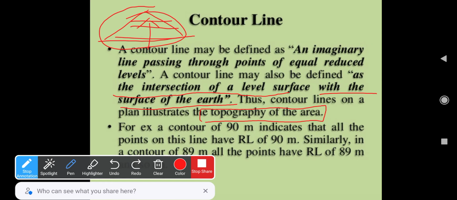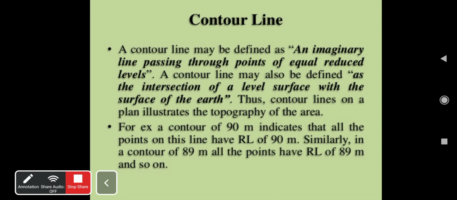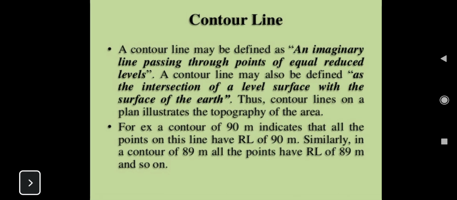For example, a contour of 90 meter indicates that all points on this line have an RL of 90 meter. Similarly, in a contour of 89 meter, all points have an RL of 89 meter, and so on. That is called a contour line.